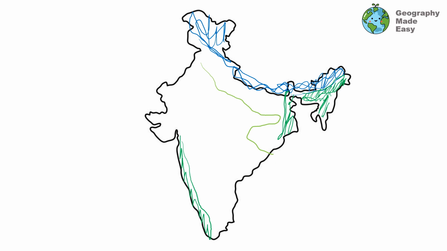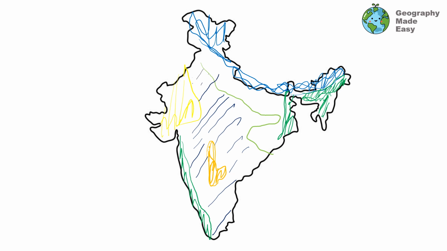We have the very dry tropical dry forest in the Thar area, which is around Gujarat and Rajasthan. Some amount of arid forest in the middle of the plateau regions of the Deccan Plateau, and the rest of the area has tropical dry forest. So this entire area has tropical dry forest.